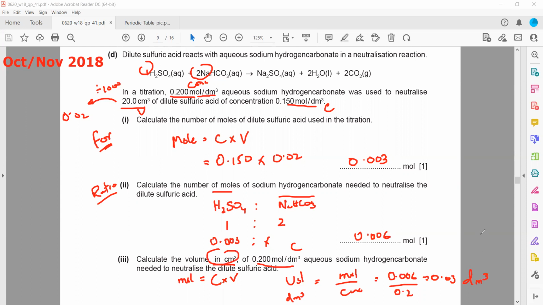So how do we convert dm cube into cm cube? We multiply by 1000. When we multiply by 1000, it comes out as 30 centimeter cube or 30 cm cube. So the first part we solved by using a formula, the second one by ratio, and the third part again by formula.